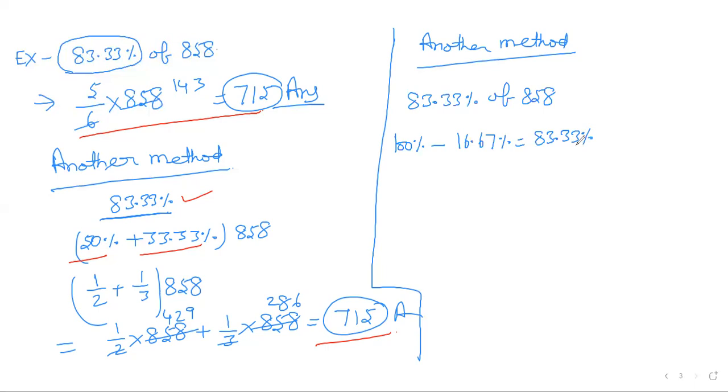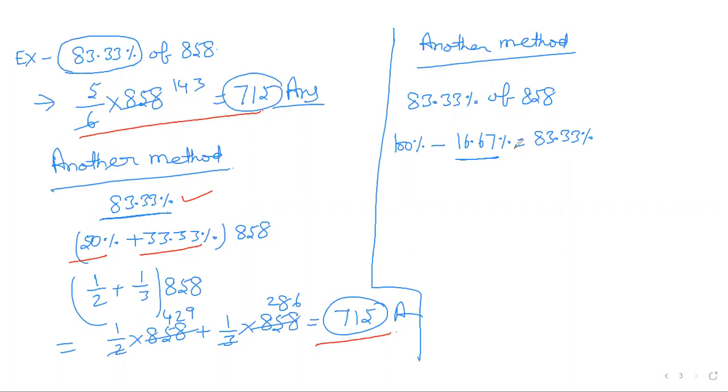And now you can see why I wrote the value of 1 by 6 is equal to 16.66% or 16.67%. If I subtract 16.67%, then I get the number 83.33% exactly.